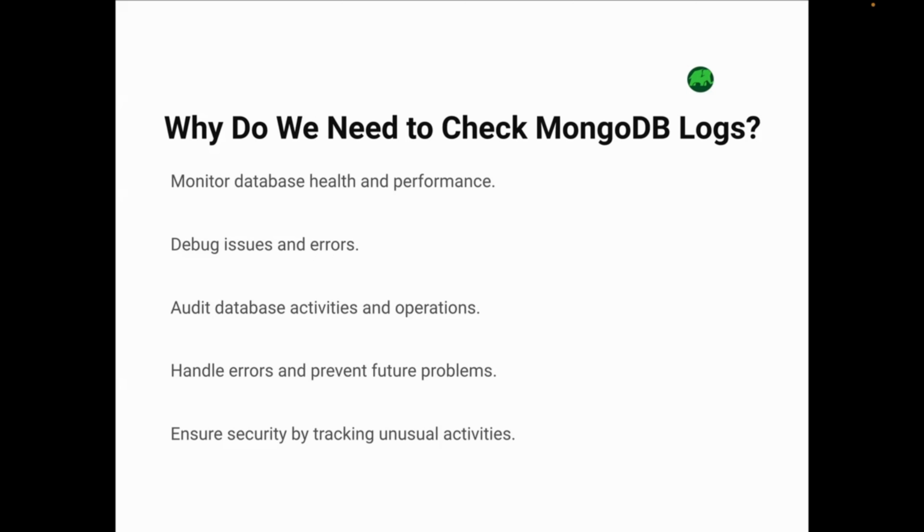Checking these logs is essential for monitoring the health of your database, debugging issues, auditing activity, and even tracking unusual behaviors for security purposes. With this insight, you can identify bottlenecks and optimize performance, making your MongoDB instance faster and more secure.